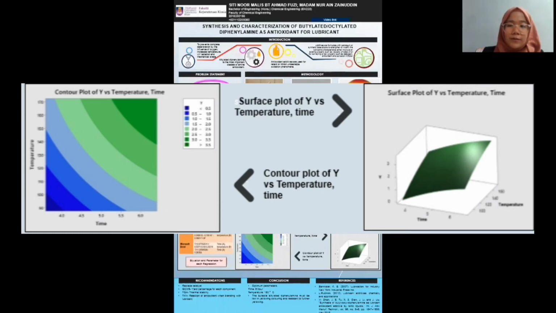The Y represents the liquid formation of BODPA. For the contour plot, the blue region indicates lower response of Y when time and temperature are decreasing, while it is vice versa for the green region where response of Y is higher when temperature and time increase. For the surface plot, the higher the temperature and time, the higher the response of Y.